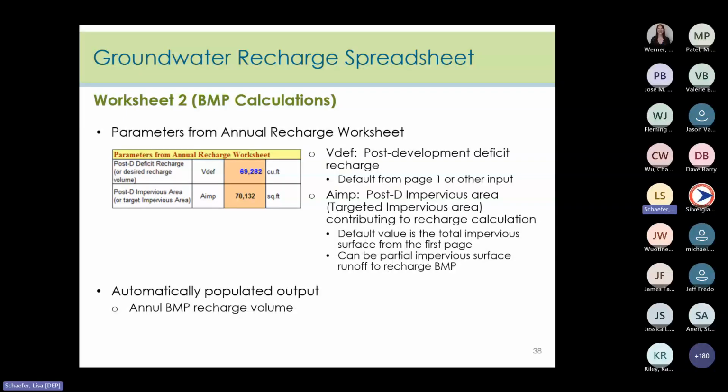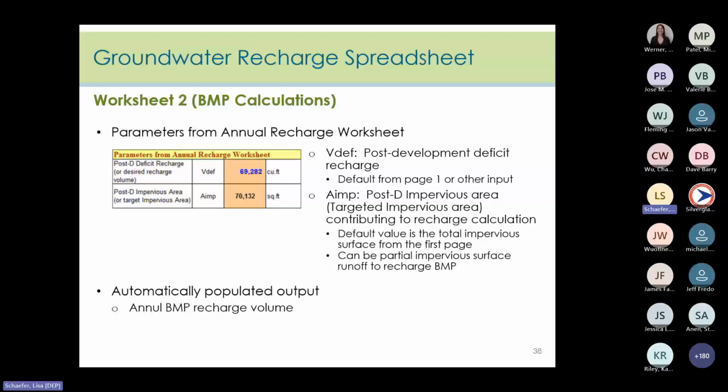So AIMP is the post-development, or post-D, impervious area, or the targeted impervious area. It's the size of the impervious surface contributing the runoff into the BMP. In some situations, not all impervious surface will contribute to a specific BMP. So you might have runoff from part of an impervious surface that's directed to a wet pond, and that doesn't provide recharge.